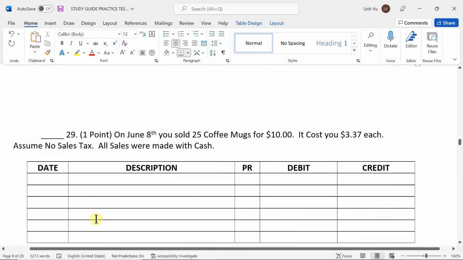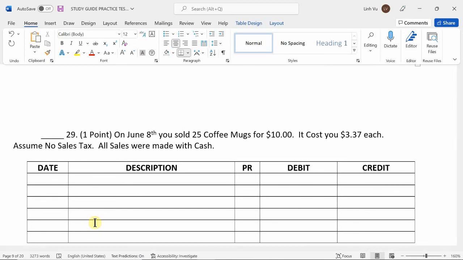Question number 29. If on June 8th you decided to sell 25 coffee mugs for $10 each, and it cost you $3.37 each, assume no sales tax was charged. All sales were made with cash. Record.